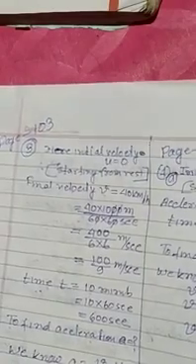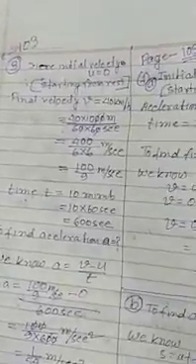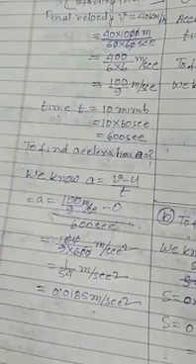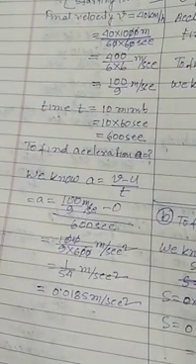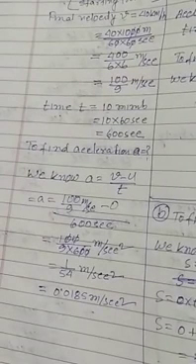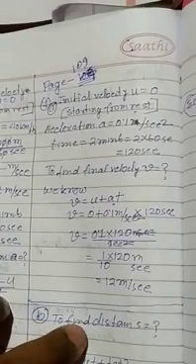Final velocity in kilometers per hour is converted into meter per second. Time is 10 minutes equals 600 seconds. Acceleration equals v minus u divided by t. So ultimately I solve this problem and get 0.0185 meter per second squared.